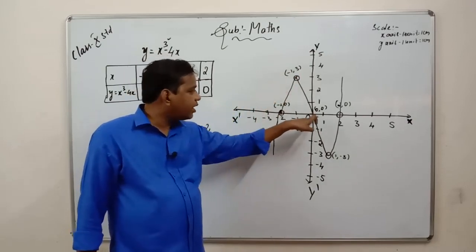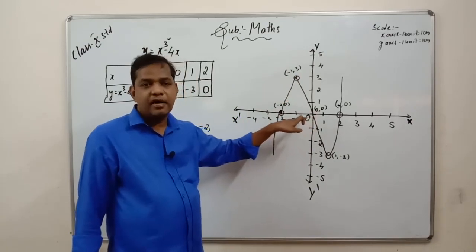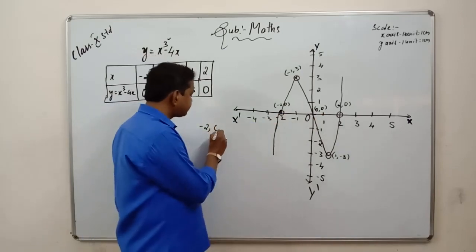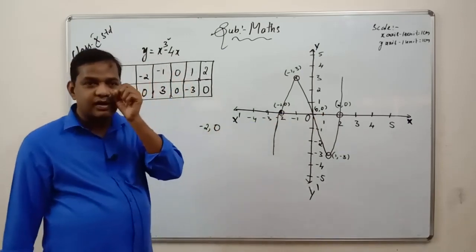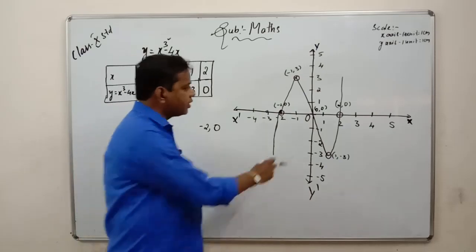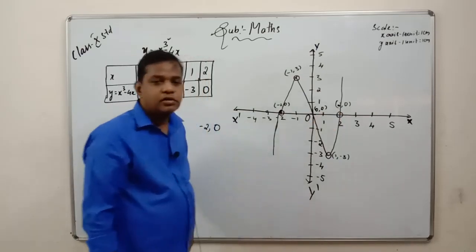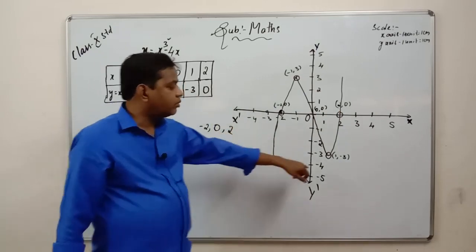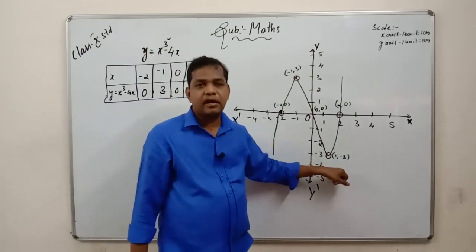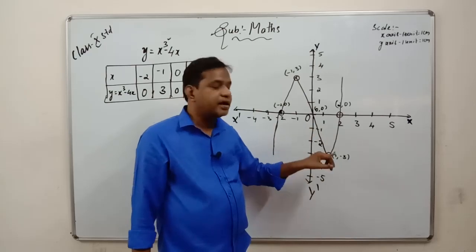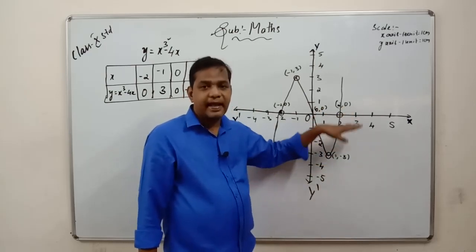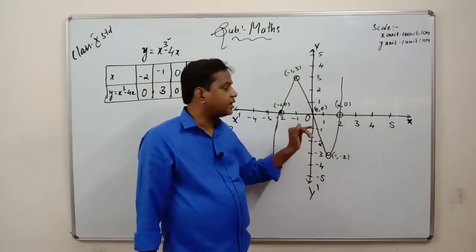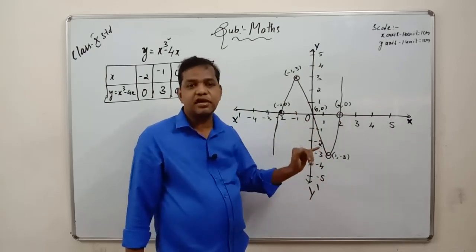And the second one, 0 and 0. The point 0, 0 is touching the x-axis, so you can take 0 as a zero. Another one we have is 2. I can't take 1 and minus 3, because 1 and minus 3 are below the x-axis. When the graph is not touching the x-axis, those points we won't take.